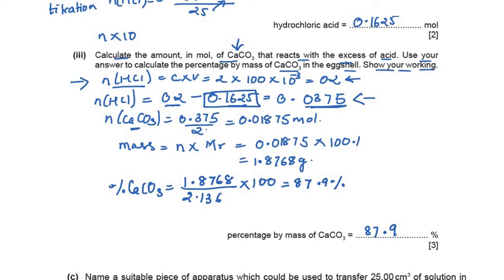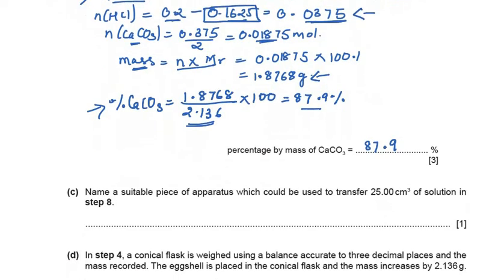From the moles, we found the mass of calcium carbonate present in the eggshell by this formula. Now we found the percentage of calcium carbonate because the total mass of eggshell we had taken was 2.136 gram, and so the percentage of calcium carbonate in eggshell is 87.9. That's the answer we got.